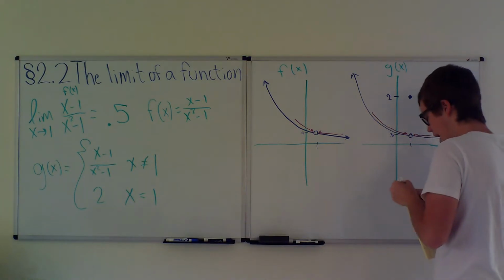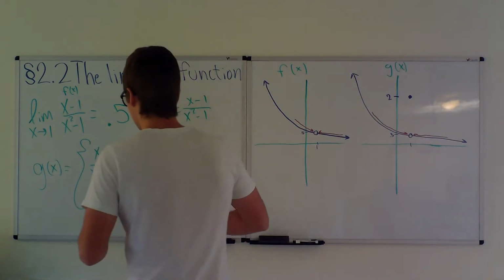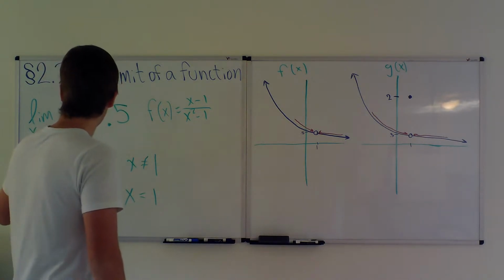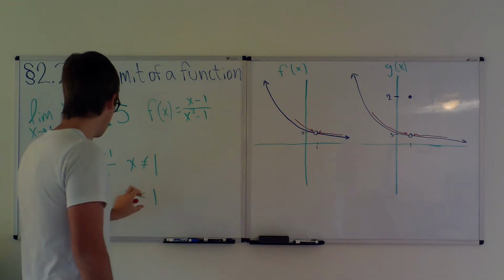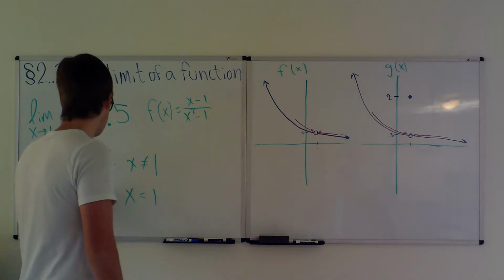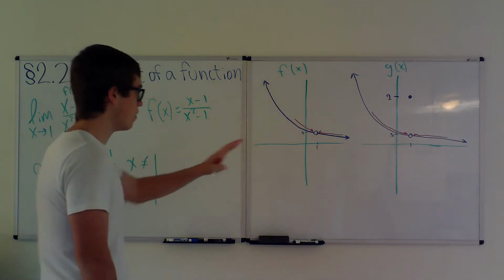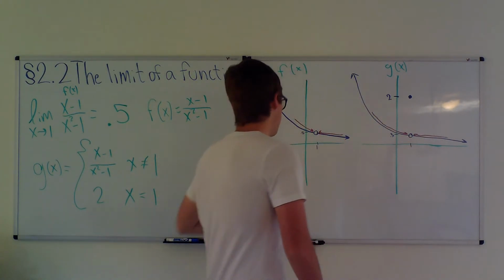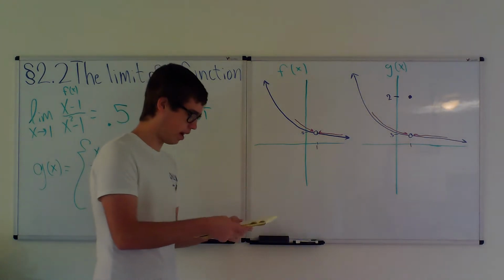So even though g of x equals 2 when x equals 1, they're still approaching the same limit, which is 0.5.